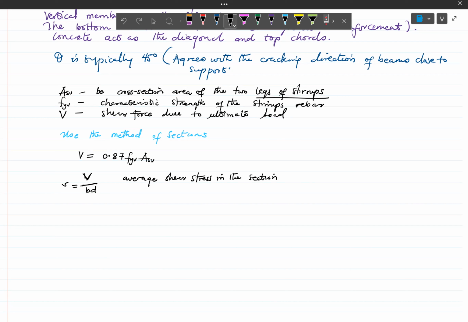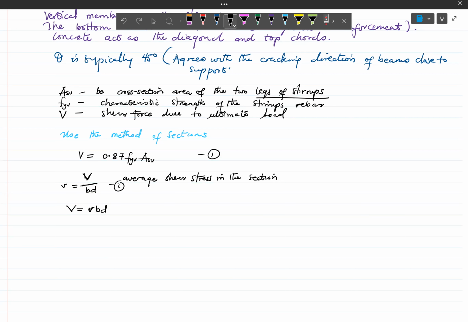Okay. So we can compare the two equations, equation 1 and then equation 2. I can rewrite equation 2 so that the shear force is the subject, and this becomes small v times b times d.